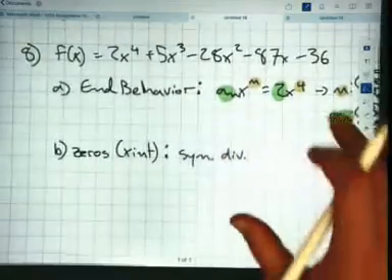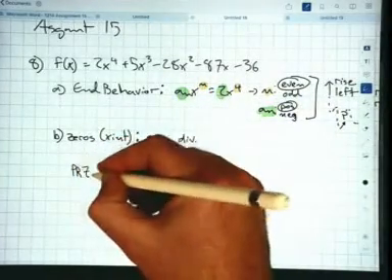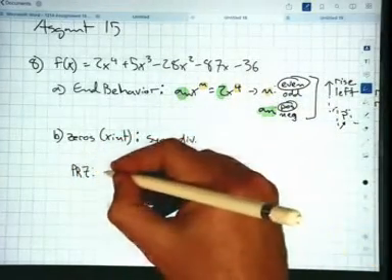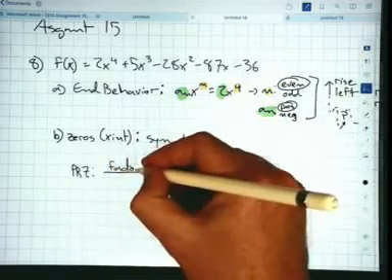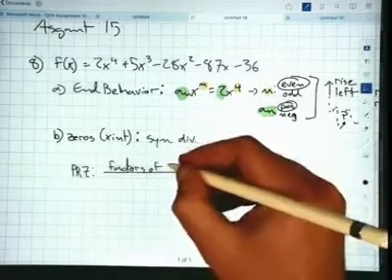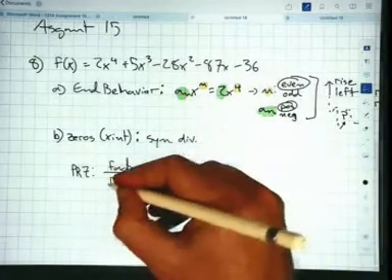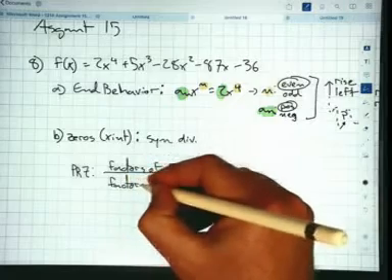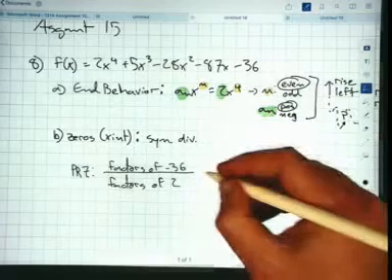So we begin with looking at the possible rational zeros. So we want the factors of our constant, which is 36, over the factors of our leading coefficient, which is going to be 2.